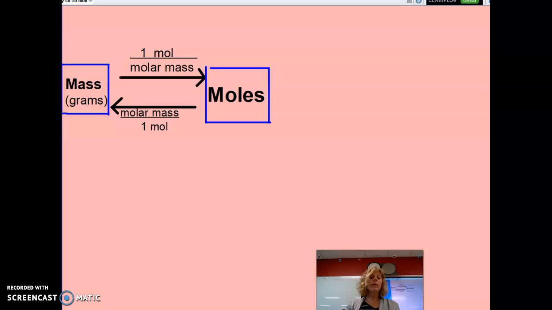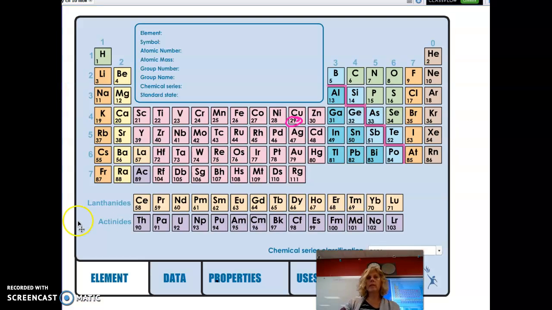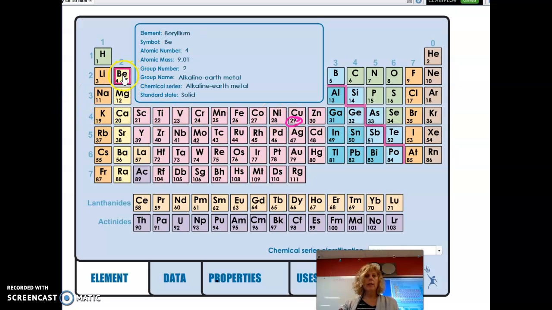Okay, and so here is how we use conversion factors to convert from the mass in grams of something to the moles. And remember last week we talked about what moles were, right? If you have the molar mass in grams of a substance, if we look at the periodic table, just as a quick review, the videos are posted, so if you ever feel like you need to look back, you have that option.